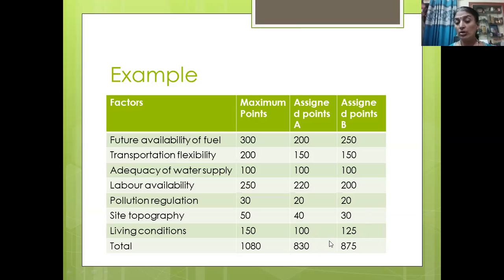Therefore, location B is comparatively better than location A. This is our decision. This is how we have solved the problem. This is the point rating method. The first one was the factor rating method and this one is the point rating method.